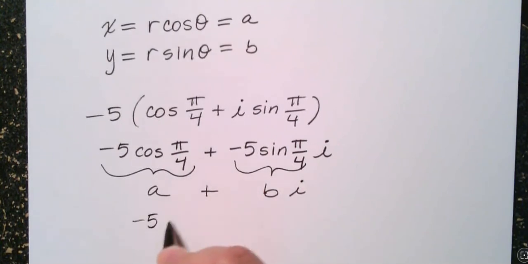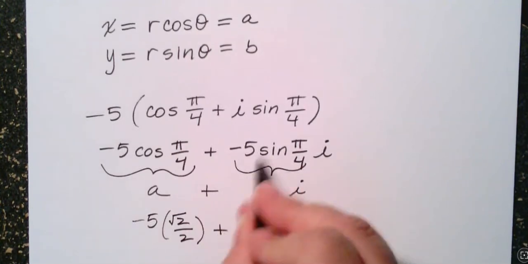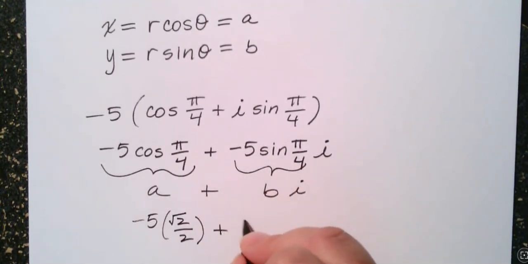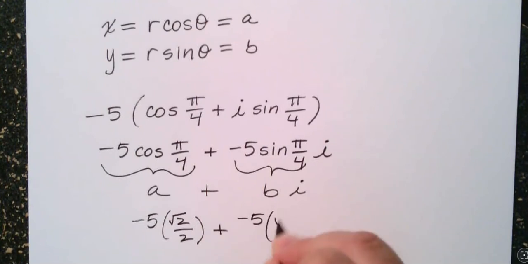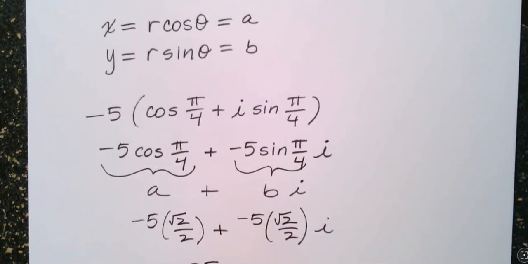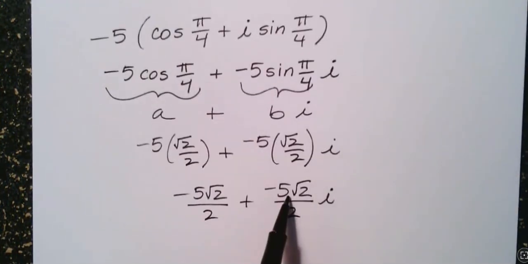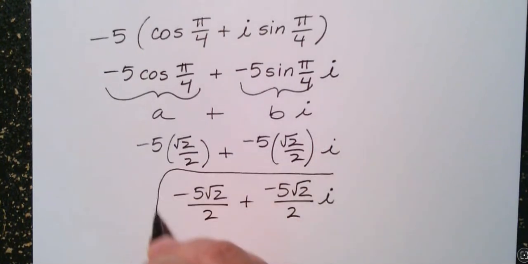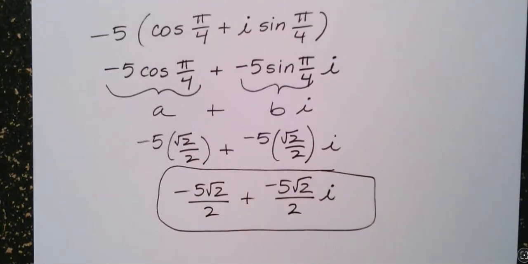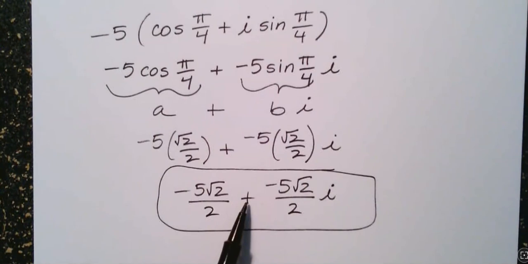So -5 times root 2 over 2 plus, and sine of pi over 4 is also root 2 over 2. So we just get -5 root 2 over 2 plus -5 root 2 over 2 i. And sometimes people might like to write the i in front here on top, but it all works pretty well the same. And you also could write this as a minus in the middle instead.